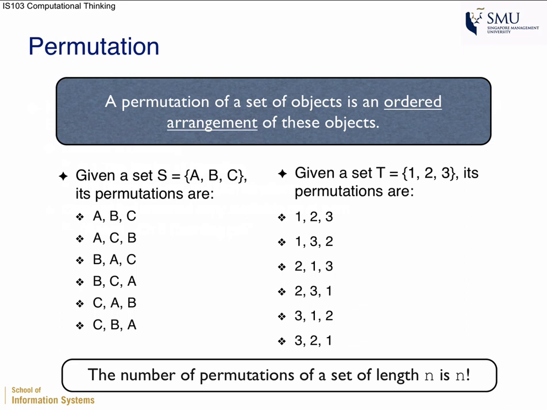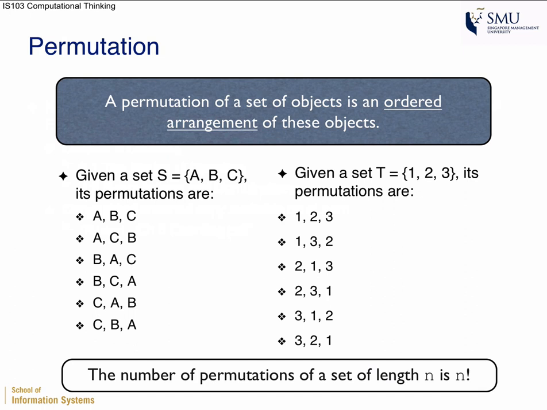Now, how many such permutations can exist for any particular set of size n? We denote this number as n factorial. And we can actually think of this in terms of an application of the product rule. If you are trying to give a particular arrangement of objects, essentially we are trying to find out what should come in the first place.